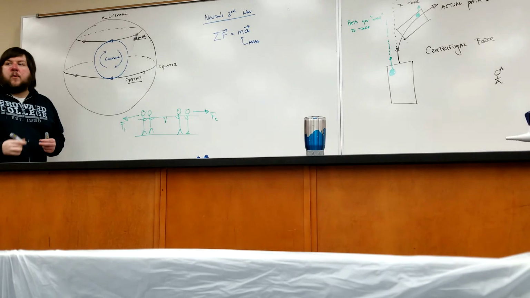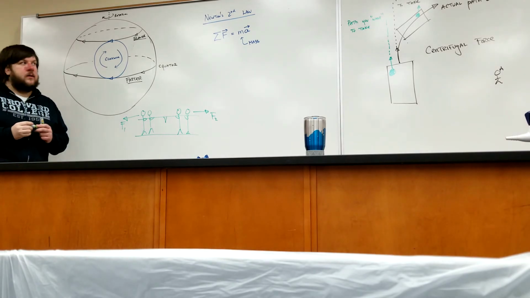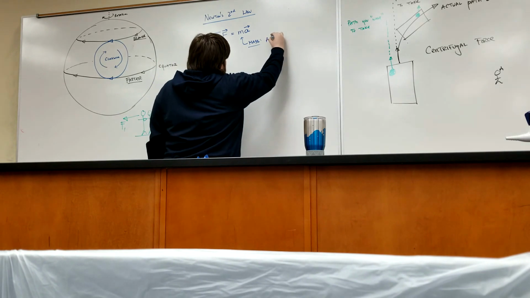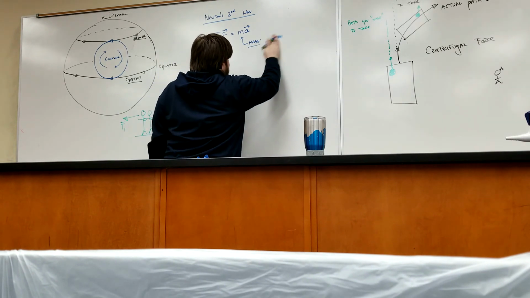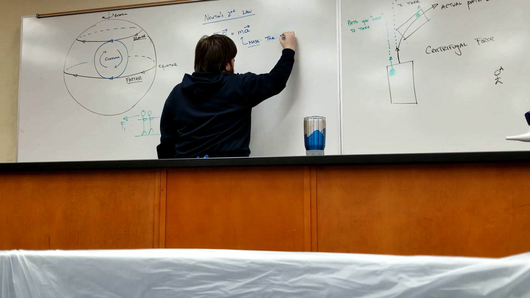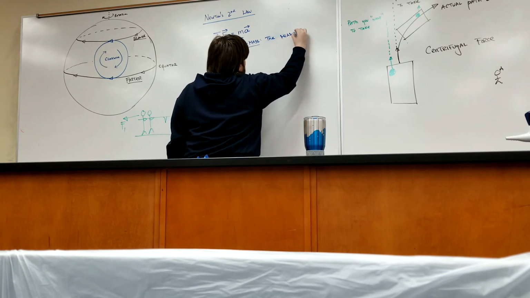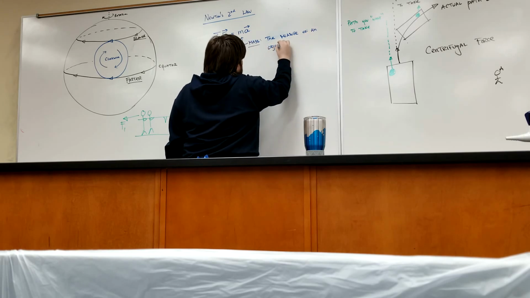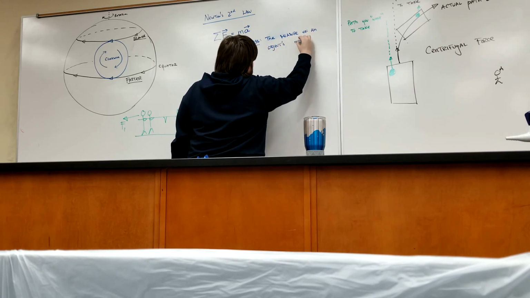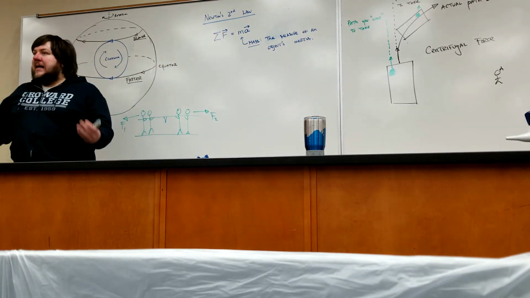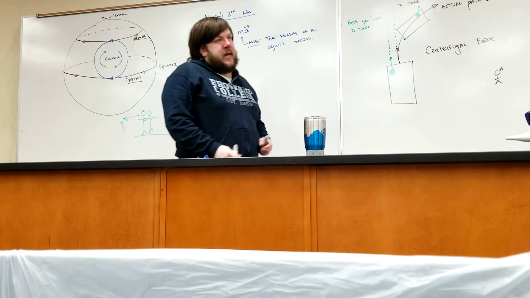What we would call a proportionality constant. Mass is the measure, I don't want to imply that there are multiple, the measure of an object's inertia. The larger the mass of an object, the more inertia that object has.